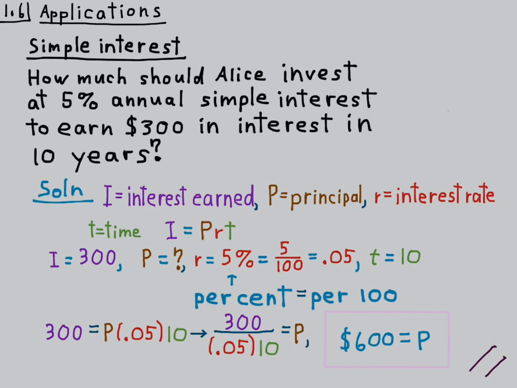If you invested $600 at 5% annual simple interest and you waited for 10 years, would you get $300 in interest? It kind of seems like it's in the ballpark. It might be kind of hard to tell, but it looks like it's in the ballpark to me. Okay, so that's simple interest.